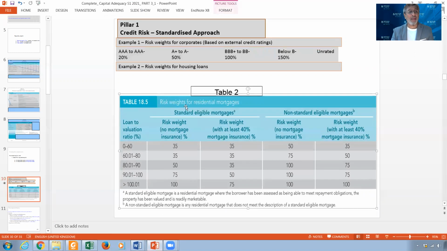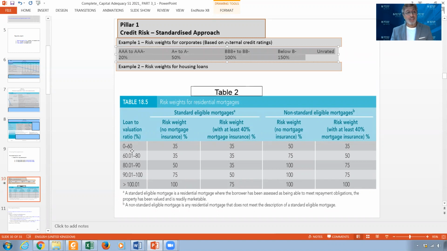Okay, so now, what are our assets? When we talk about the banking book, what we have is either housing loans or business loans. The housing loans are this one; the business loans and all other businesses come under this. What if it is housing loans?